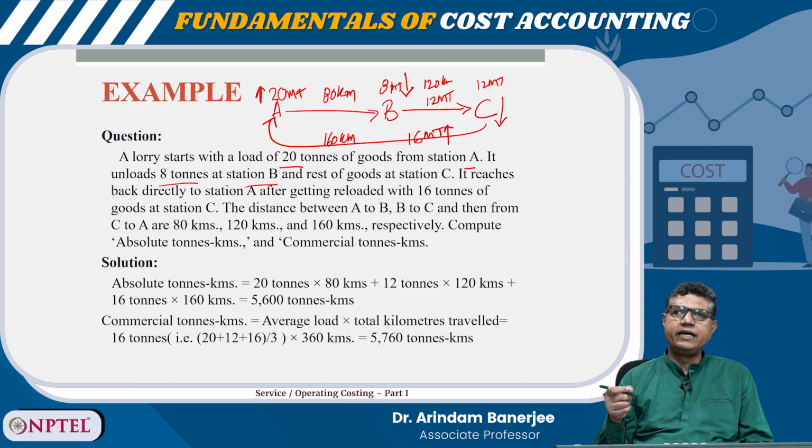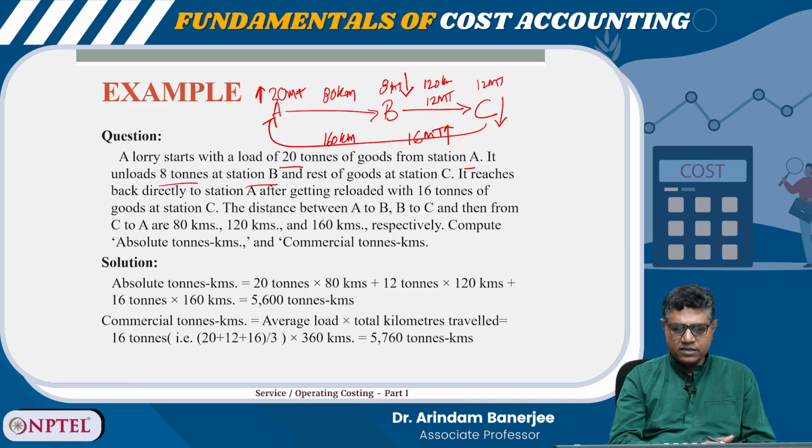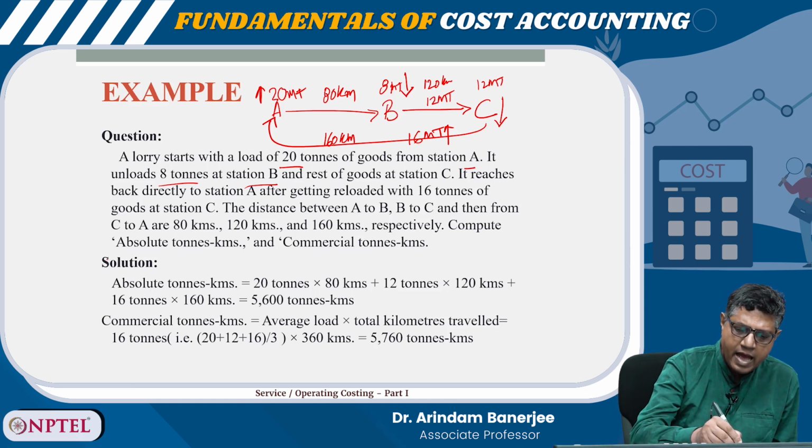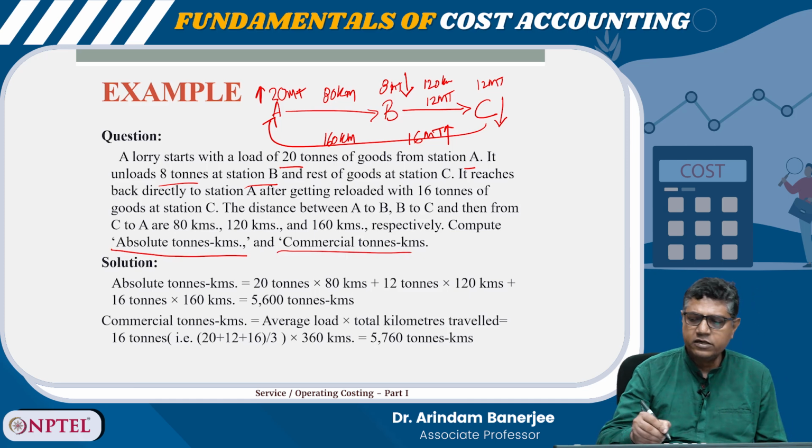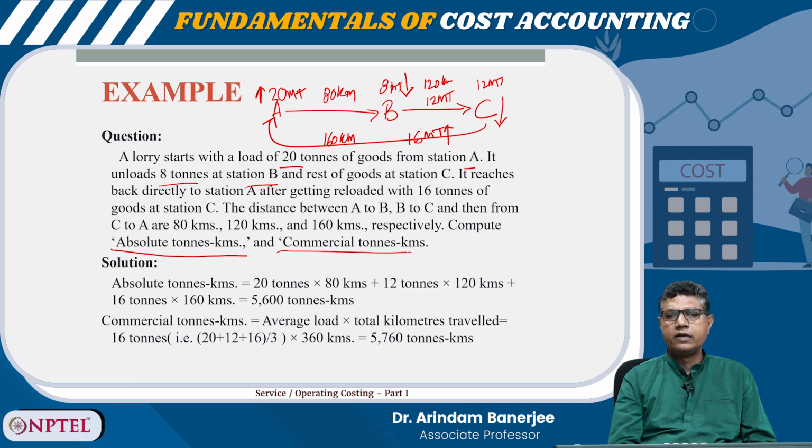So, at C it gets completely unloaded and takes up 16 metric ton load and comes back to A after traveling 160 kilometer. The question is: compute absolute tons kilometers and commercial tons kilometers.